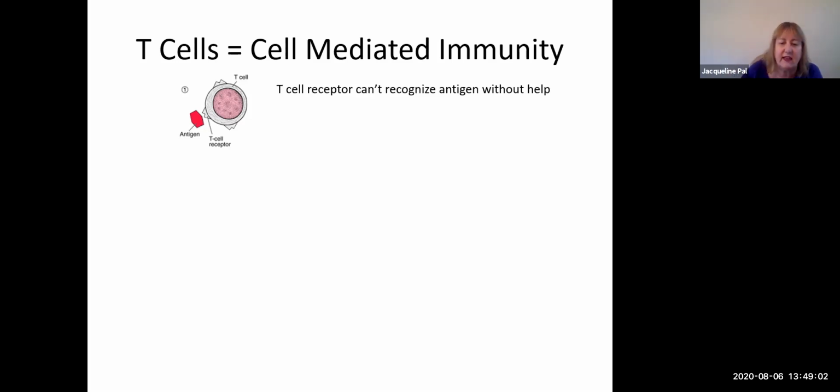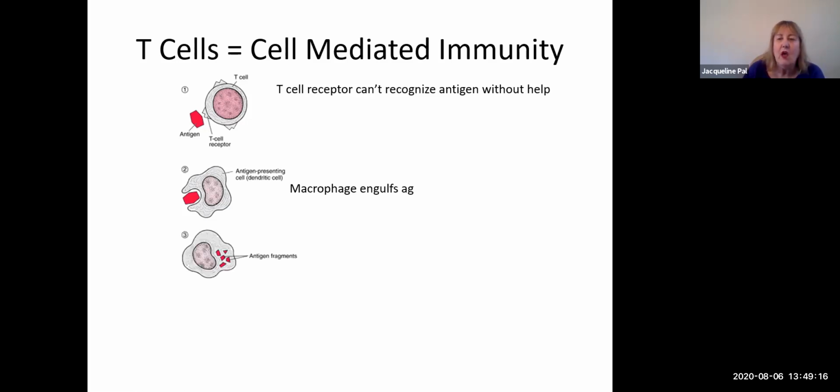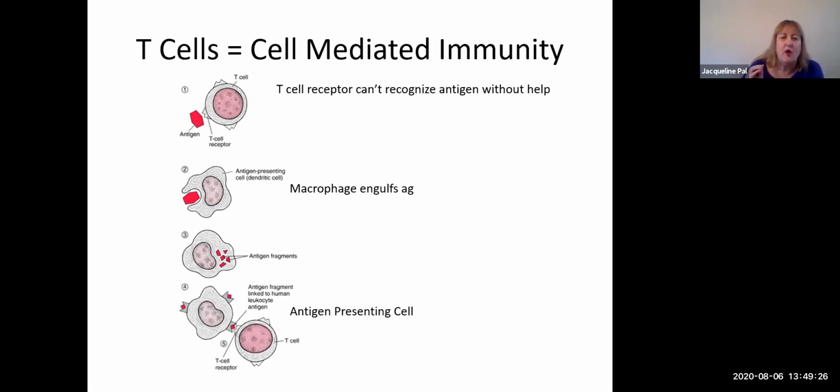So what does that look like in drawings? The T cell cannot bind directly to a free-floating antigen. So the antigen has to be engulfed by a macrophage, where the macrophage will do its job and start chopping up the antigen in fragments, and it'll take an antigenic particle and present it in a receptor.